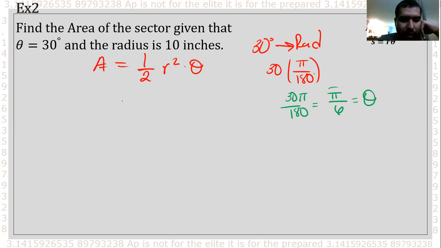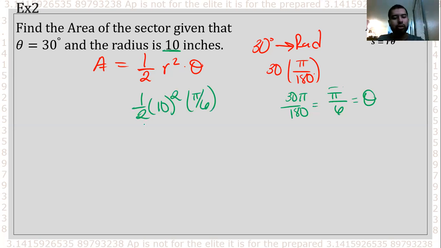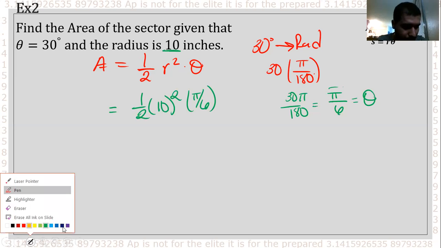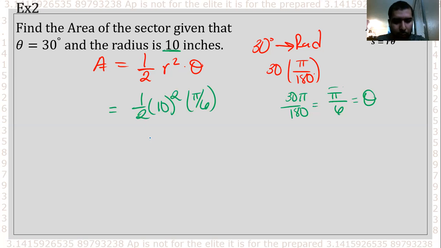So all I have to do now is substitute. So 1/2, my radius is 10 squared, and my theta is pi over 6. So what solution do we have for this? Hopefully you saw this: 1/2 times 100 times pi over 6.